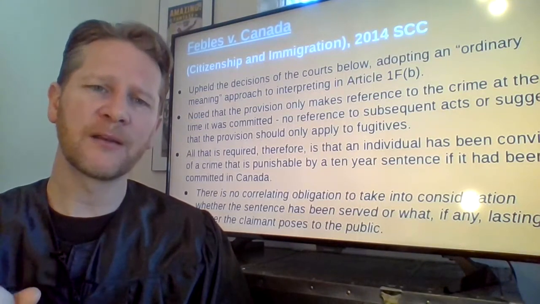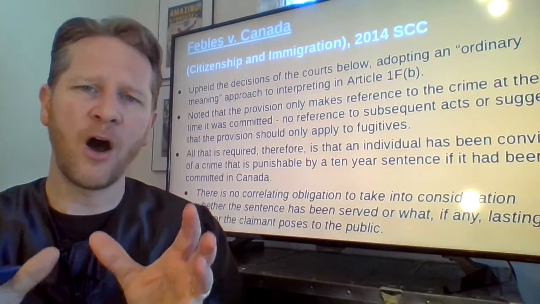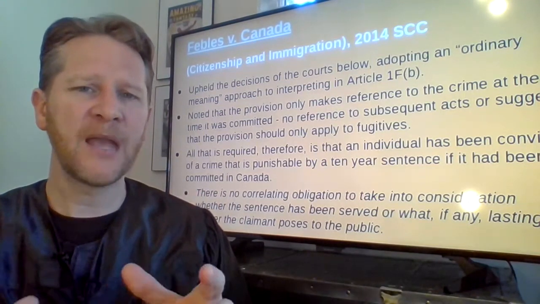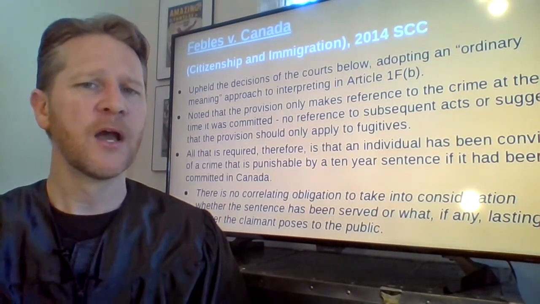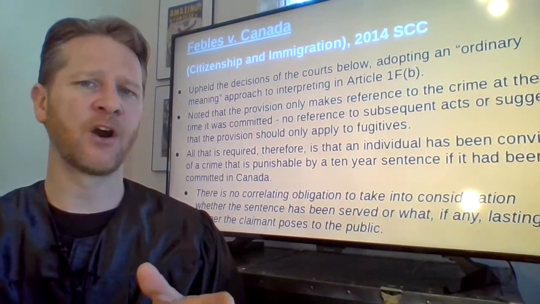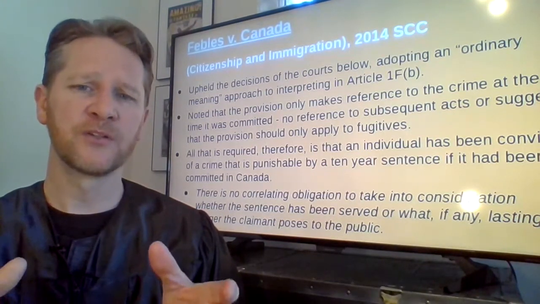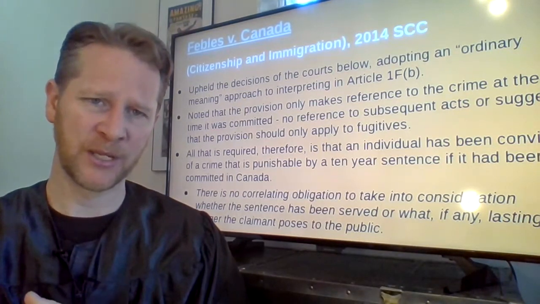Citizenship and Immigration is not obligated to look at that information. They have the discretion to decide whether or not they want to. So one may make a humanitarian argument, but the tribunal is under no obligation to include that or to have that sway their opinion.